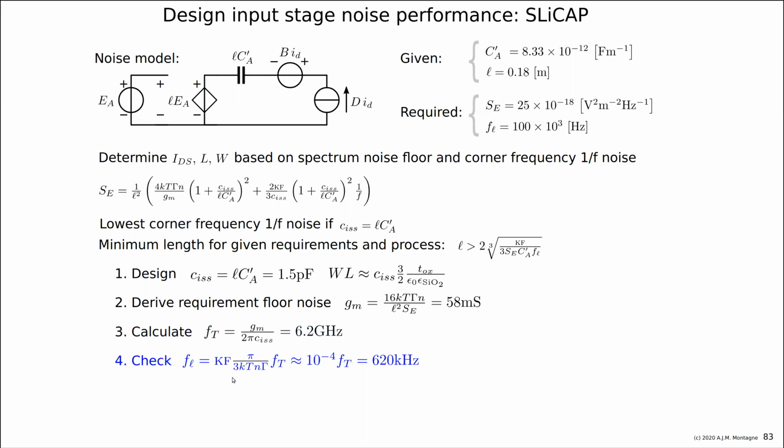If you fill in the numbers, you find that this relation is about 100 micro. So we end up with a corner frequency of 620 kilohertz, and we need it to be 100. And this is the lowest we can get, because that is what we found from the fact that CISS should be equal to the antenna capacitance. So we have a showstopper.